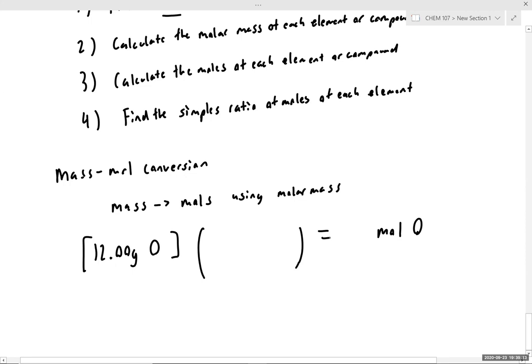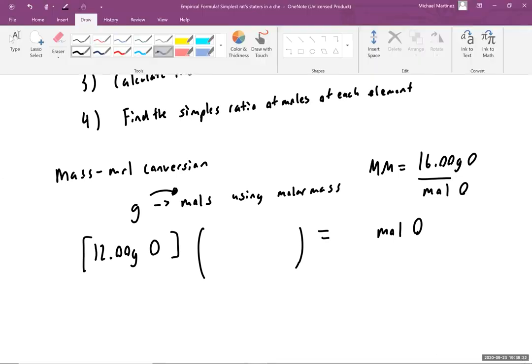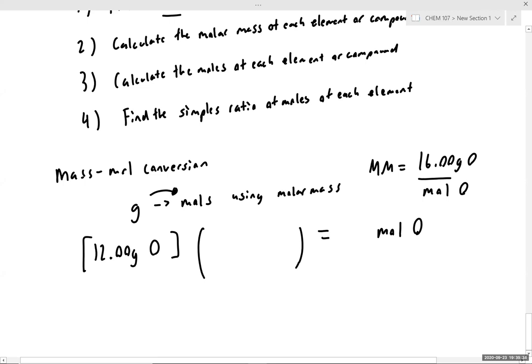So how do we do that? Well, the molar mass of oxygen is of the form 16.00 grams of oxygen per mole of oxygen. If I'm going from grams to moles, this is where what I taught you in unit conversions is going to be really helpful. If we're going from grams to moles, what unit do I put on top?